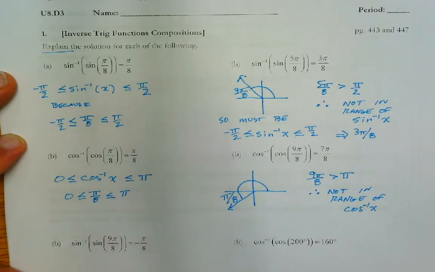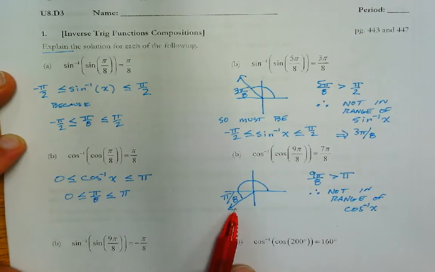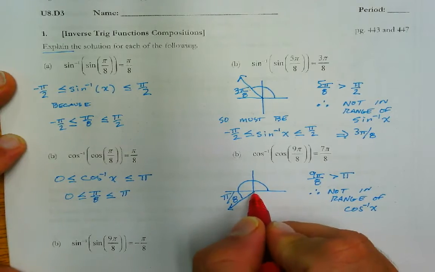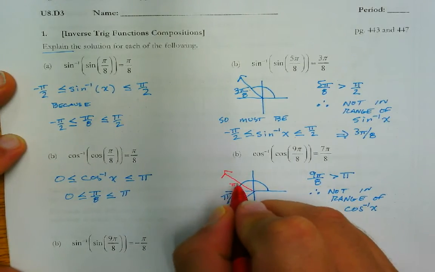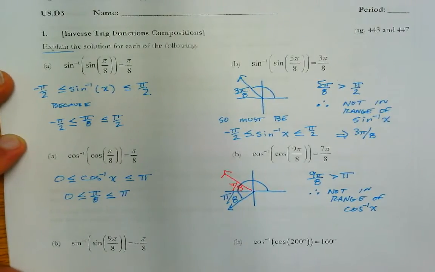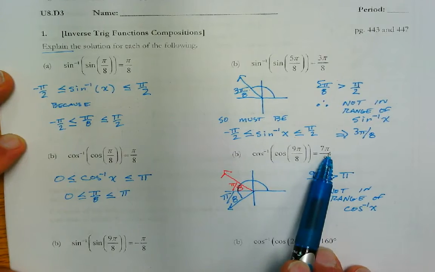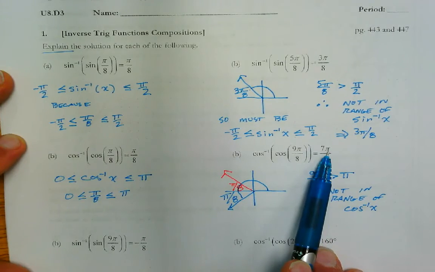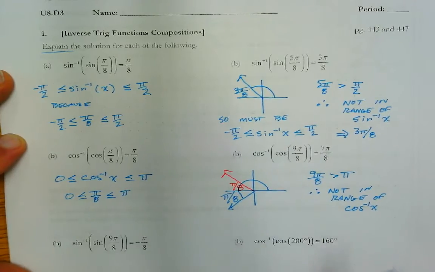So instead, I have to use some other angle that's going to have the same ratio. Cosine is negative here, but guess what? Cosine is also negative there. So, reference angle of pi over 8. What's going to be the output? The output will be 7 pi over 8.